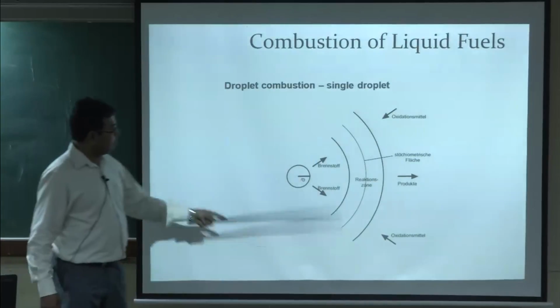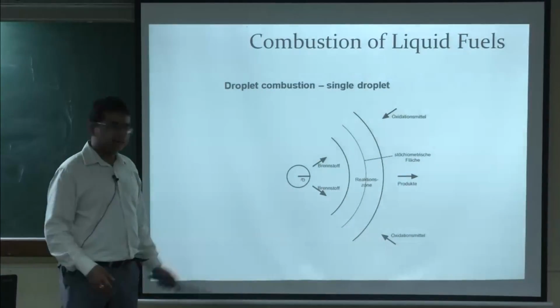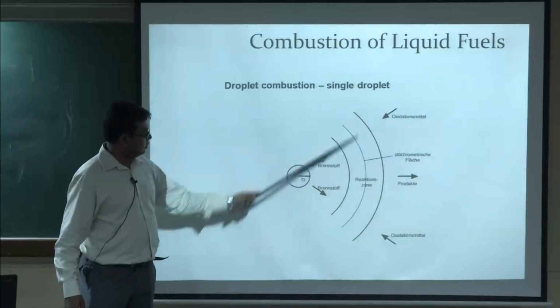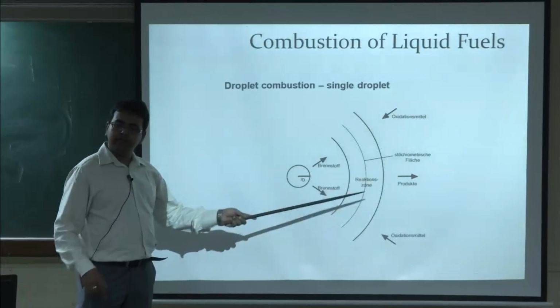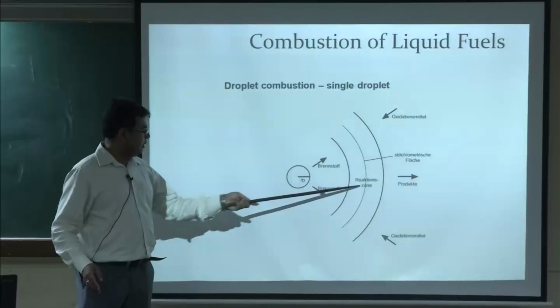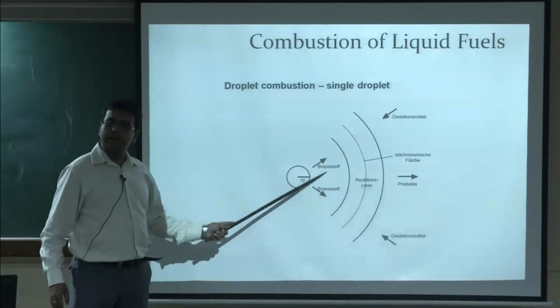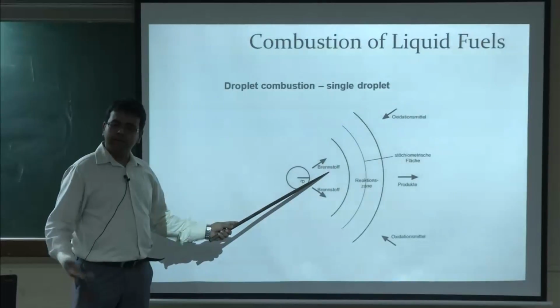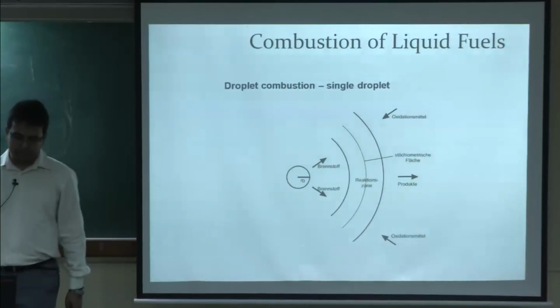The fuel vapor and the oxidizer come into contact, and when they reach a stoichiometric proportion, we get a flame in the reaction zone. The products are formed in this zone, and then the products can diffuse in either direction, inside and outside. Inside the flame zone we have only the fuel and products, as we discussed before. Outside the flame zone we have the oxidizer and the products.